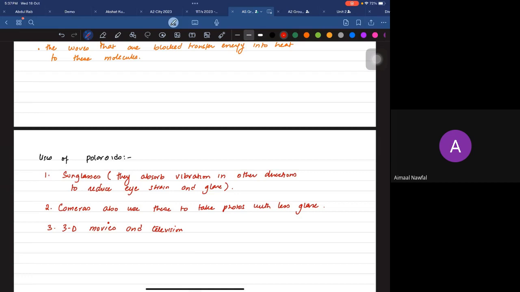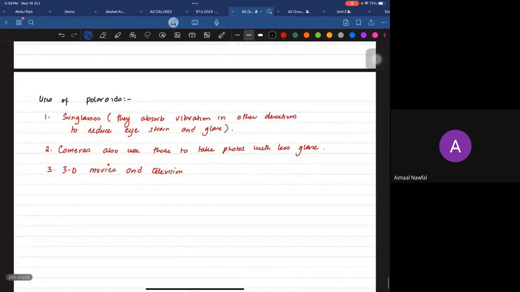Have you noticed that? The reason that depth is created is that in those glasses there are two filters put in, one a vertical filter and one a horizontal filter.